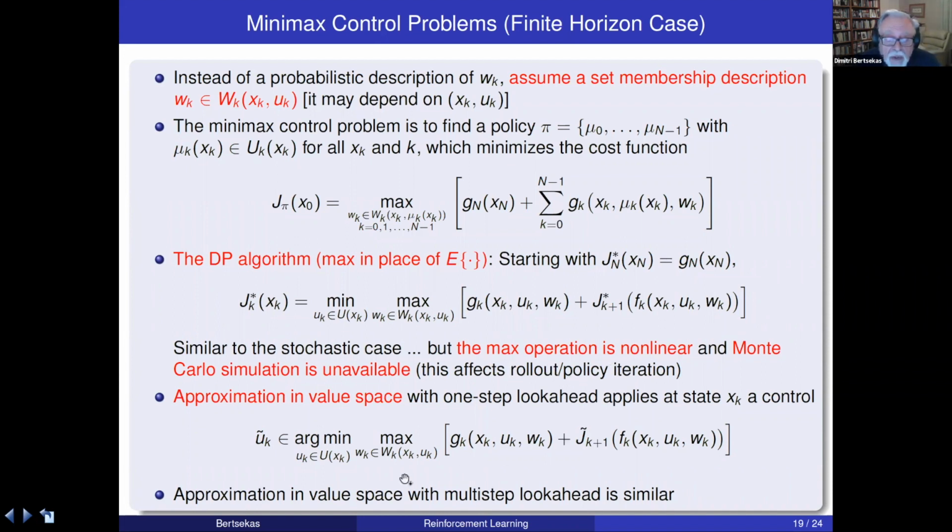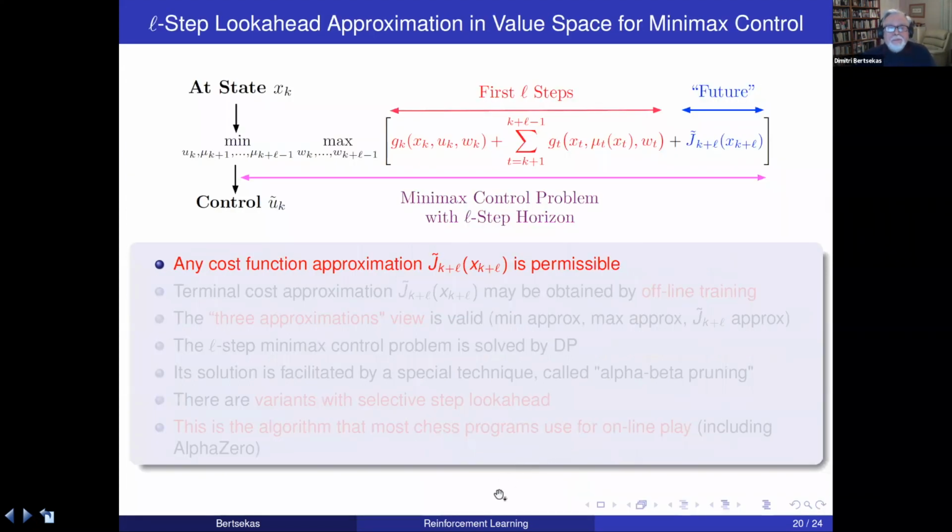Okay, so now let's go to approximation in value space with multi-step lookahead. We have some J tildes, and at state xk, we do an optimization involving the first L steps, L-step lookahead. So this is the L stages cost that depends on uk and also the control functions for the remaining stages.